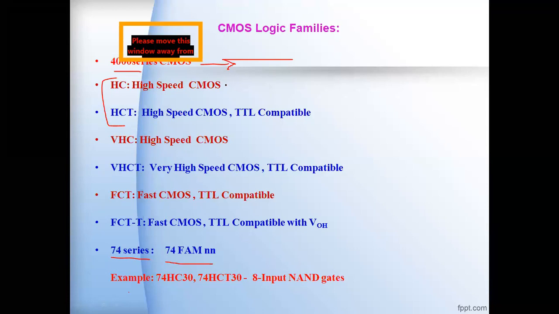It is compatible with CMOS devices only. Whereas with high-speed CMOS TTL compatible, the output of the CMOS is compatible with the TTL gate, so that the CMOS output can drive the TTL inputs here.